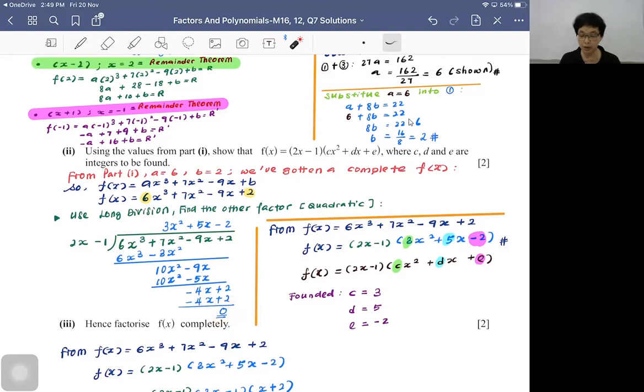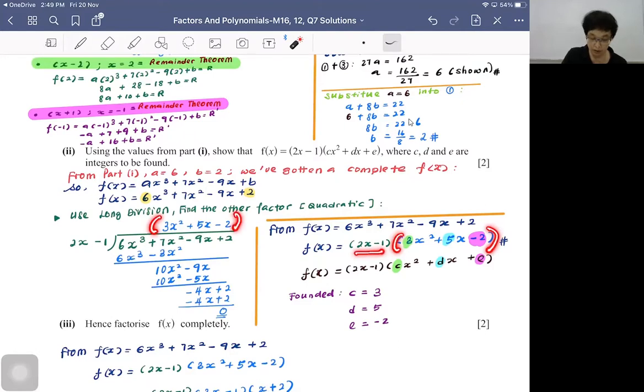Now we get back to our assignment. They ask us to find the polynomial fx, the original format. Now, after dividing, we get 2x minus 1 multiplied by the quadratic.